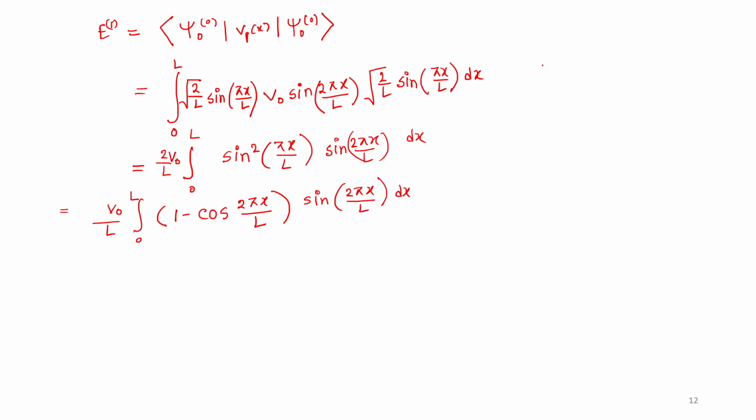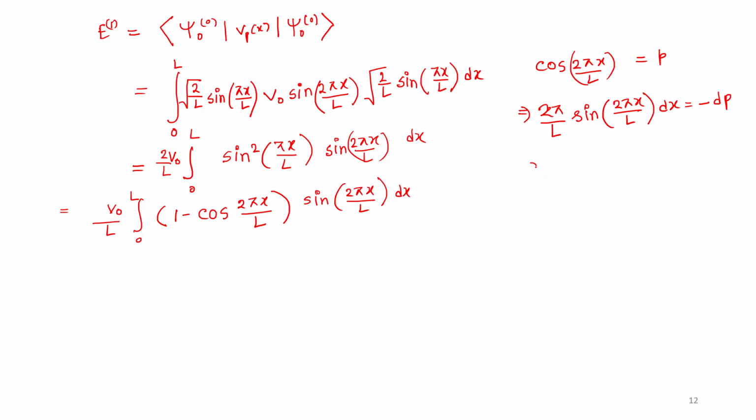So I'll take cos 2 pi x by L as p. It would make my life a little easier. 2 pi by L sin 2 pi x by L dx is equal to minus dp, because cos derivative is there.